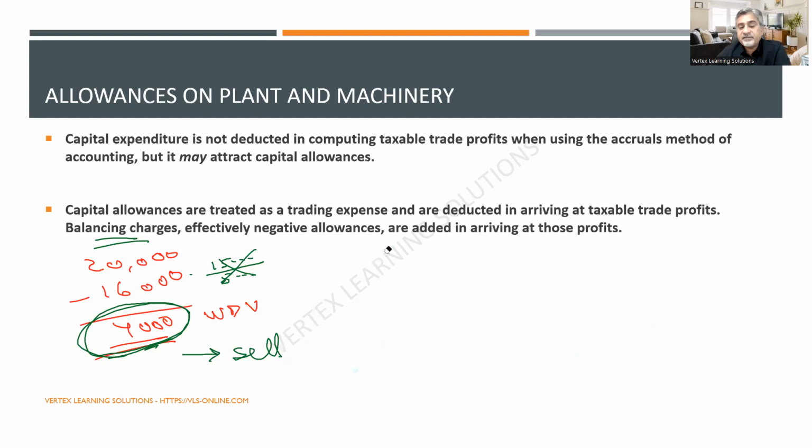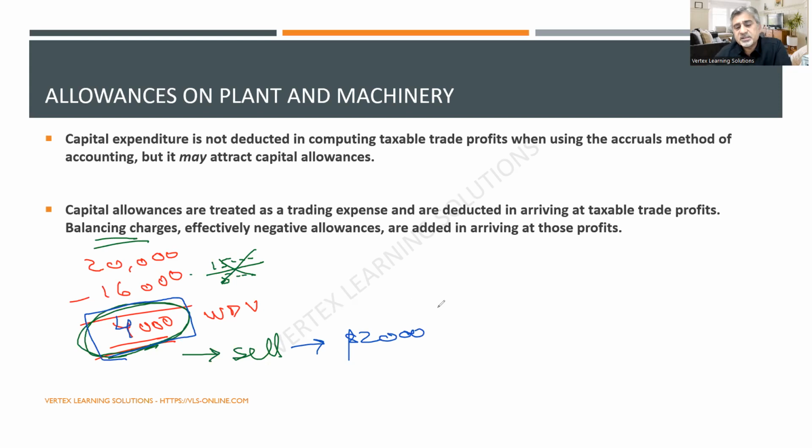But alternatively, it is also possible that you have this asset with a $4,000 written down value, and you sell it for only $2,000. You have something on the balance sheet at 4,000, which you are selling for 2,000, so you are making a loss.